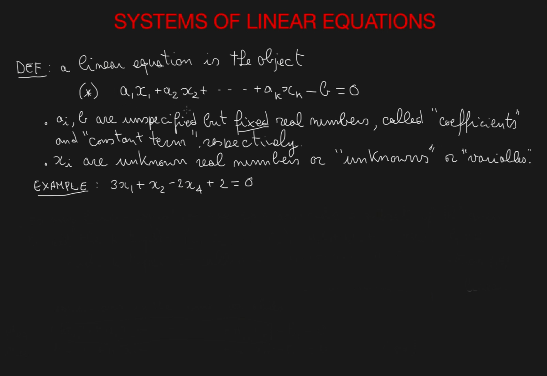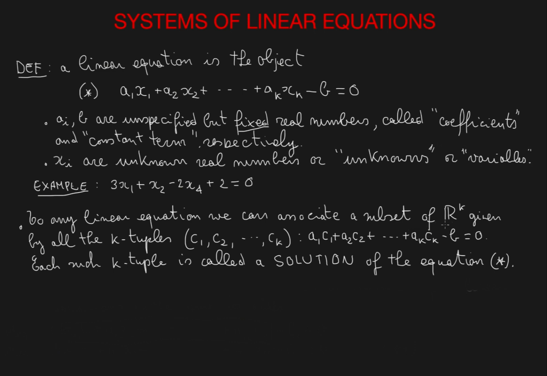To each linear equation we can associate a subset of Rk. In which way? We consider, say, C1, C2 up to Ck. These Ci's are real numbers such that if we replace the xi's with the Ci's and expand this sum, we get an equality between two real numbers.